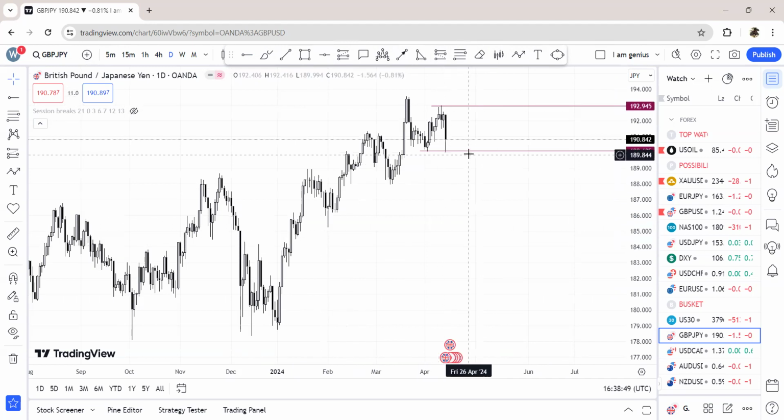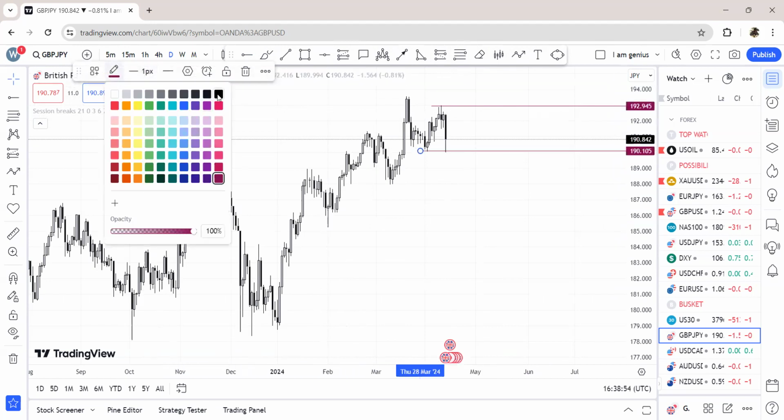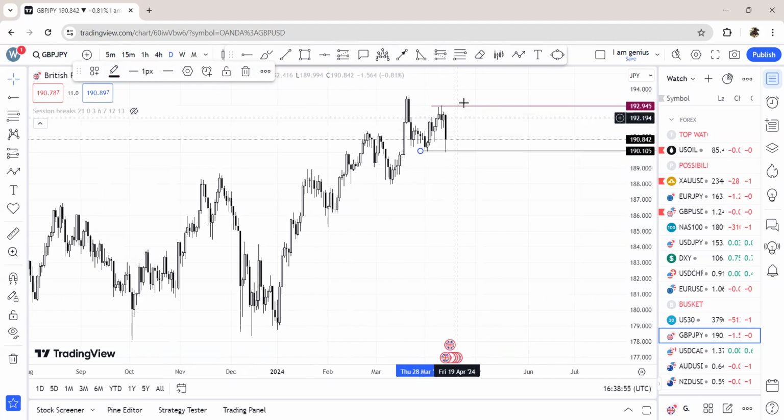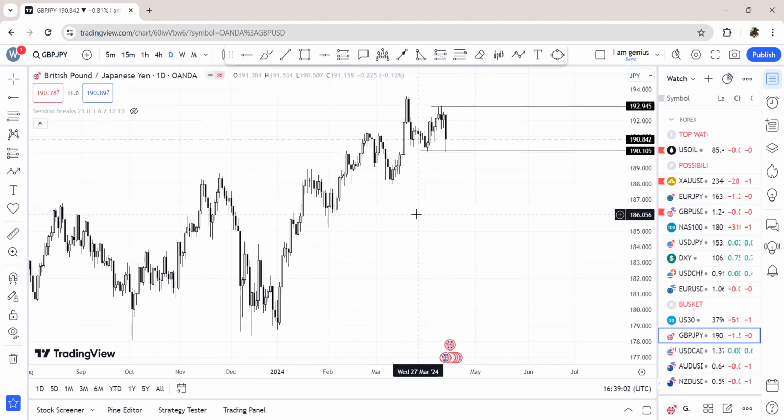Hope that makes sense. So if this is what I'm going to do, then what I usually do is change the colors for the candles like that to black.